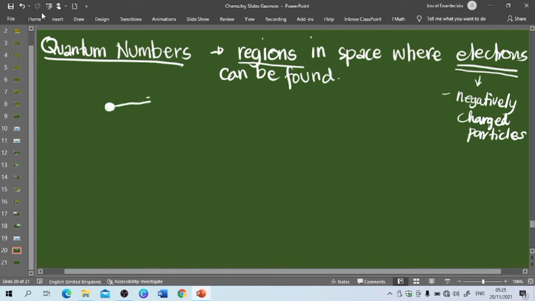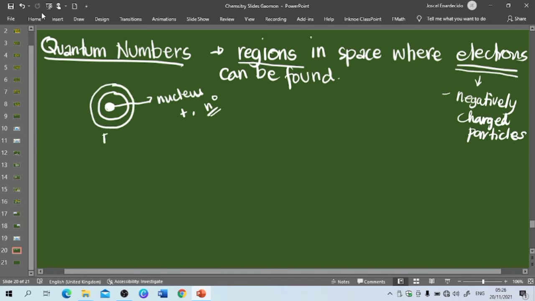Here's the nucleus of the atom, which is composed of proton and of course the neutron, which is a neutrally charged particle, or meaning to say a particle that has no charge. Now, around the nucleus of the atom are what we call electron clouds.